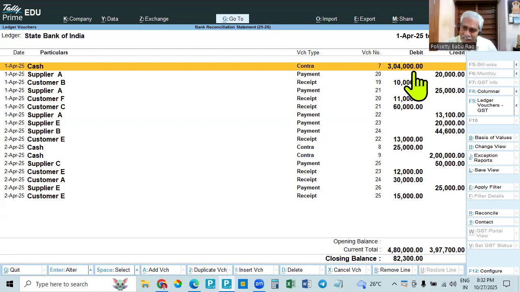But whatever it may be, deposits or withdrawals, we make the entry immediately.